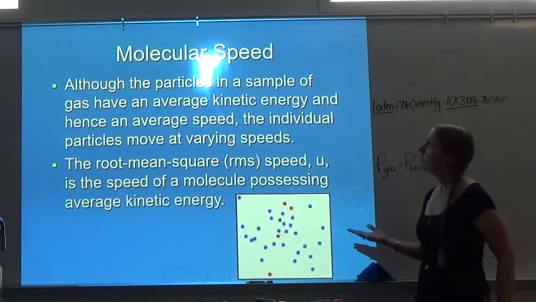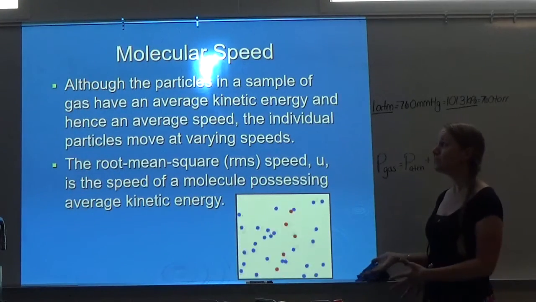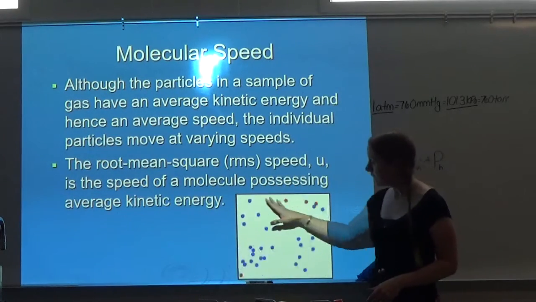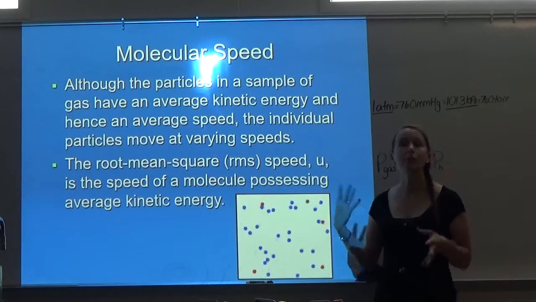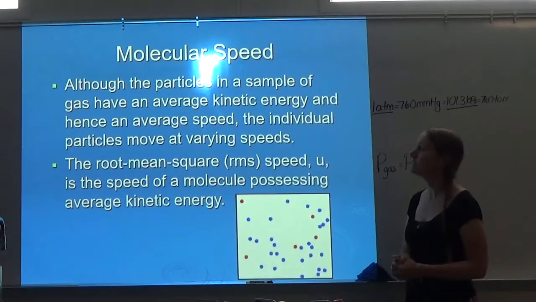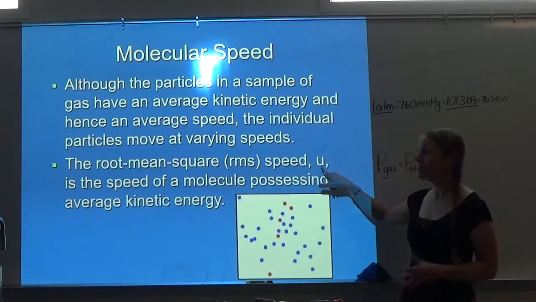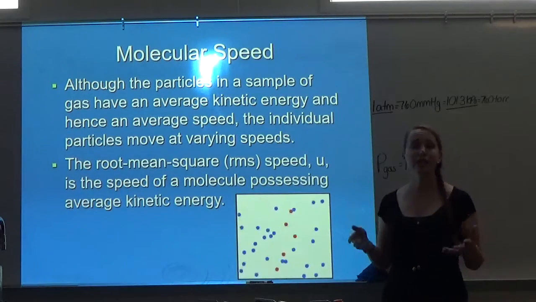So although the particles in a sample of gas have an average kinetic energy and hence an average speed, the individual particles move at varying speeds. So like if you look here, we can take the average speed overall, but you can clearly see that some of them are moving faster than others at certain points. So the root mean square speed, or the RMS speed, which is represented by a u, is the speed of a molecule possessing average kinetic energy.